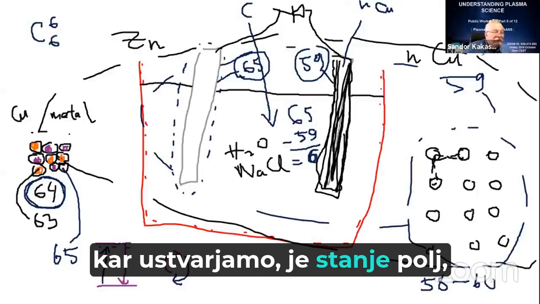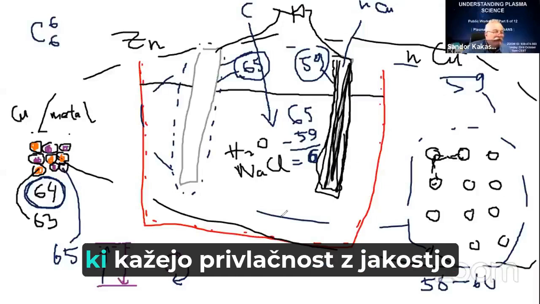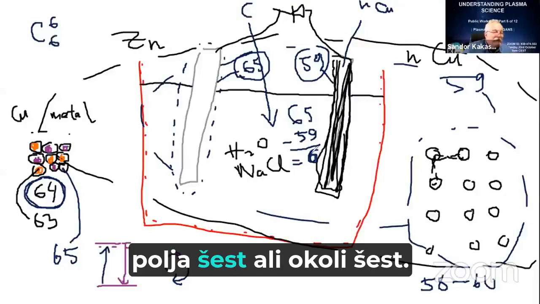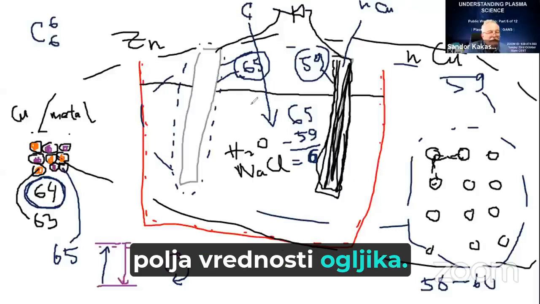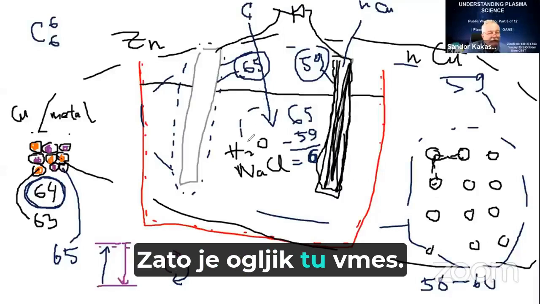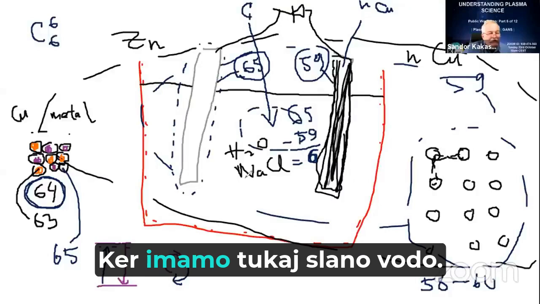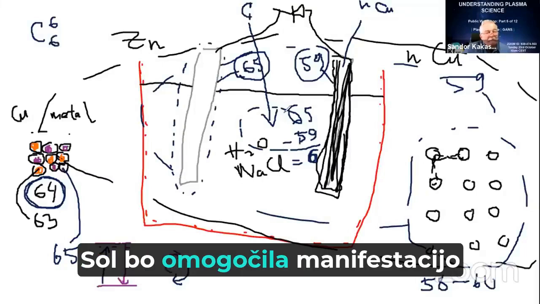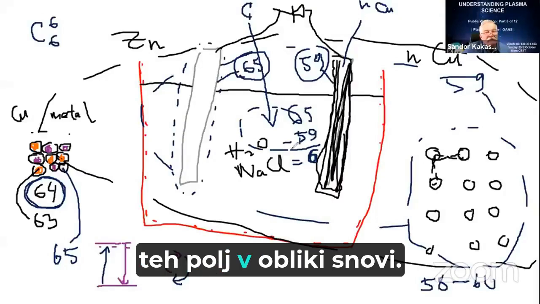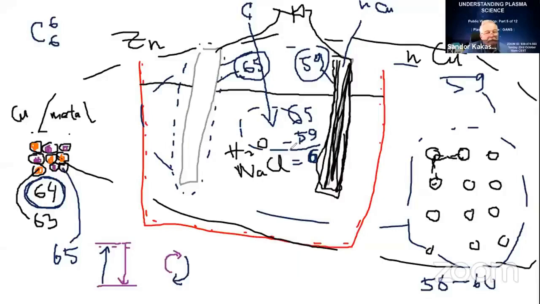So what we create here is a condition of fields which manifest an attraction of a field strength of 6 or around 6. So we pull from the environment plasmatic fields of the value of carbon. So carbon comes here in between. Now, because we have here this salt water condition, salt will allow the manifestation of those fields in a matter form.